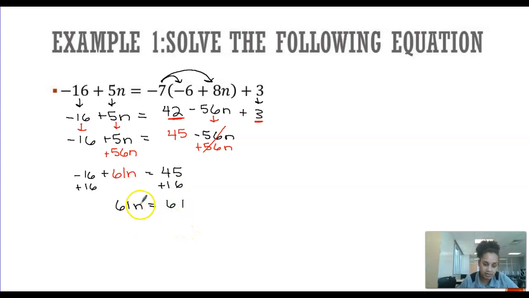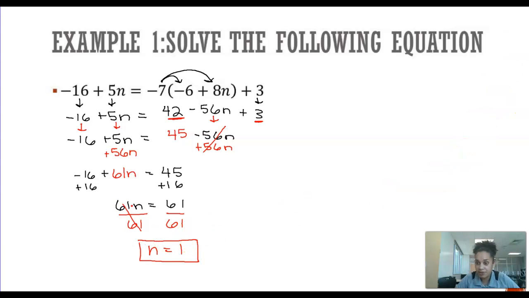Ultimate goal, get n alone. So in order to do that, right now this is really multiplication. Even though we don't typically write the multiplication symbol in between, the inverse of multiplying 61 times n is to divide by 61. So they would cancel each other. And so n is equal to 1.